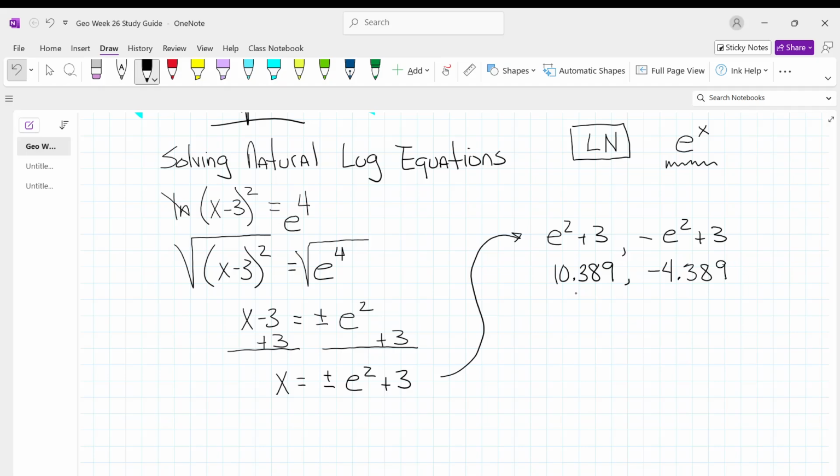All right, so those are your 2 solutions for this original equation. Again, make a note, if you have to, that anytime you take the even root, you need to use this positive negative symbol, and you're going to have 2 solutions.